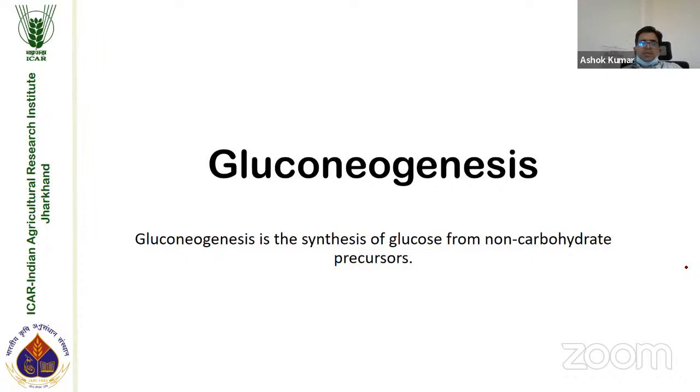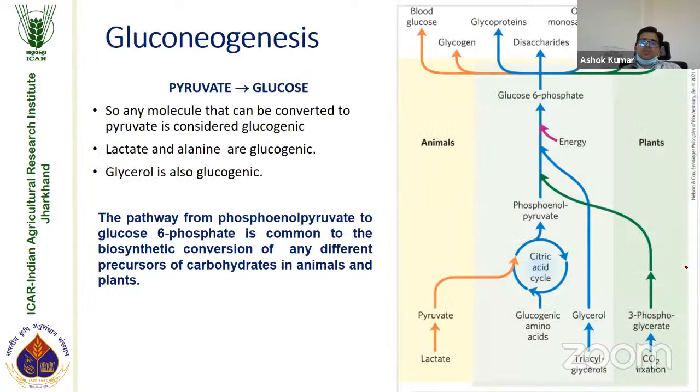When you are fasting, the brain's glucose level drops very fast. In those conditions the body produces glucose from non-carbohydrate carbons, basically present in various amino acids and even in fatty acids. Those carbon skeletons are utilized for production of sugars, and the needs of the cell or the organism are met. So this is the gluconeogenesis process.